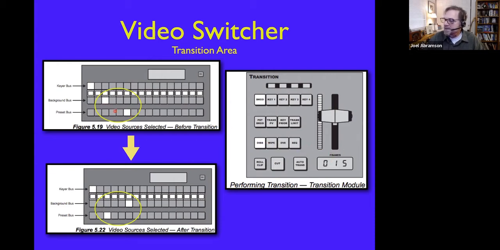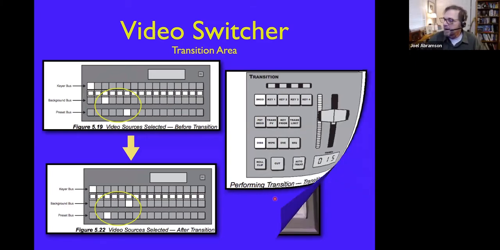Notice what happens here is that they flip-flop. This ends up in program. This was in the preview here, but now it ends up in program, and what was in program ends up in preview. So the sources just flip-flop when we use the transition area. That way it allows us not to have to use two hands on that area. We can use one hand on one area and one hand on the other area.